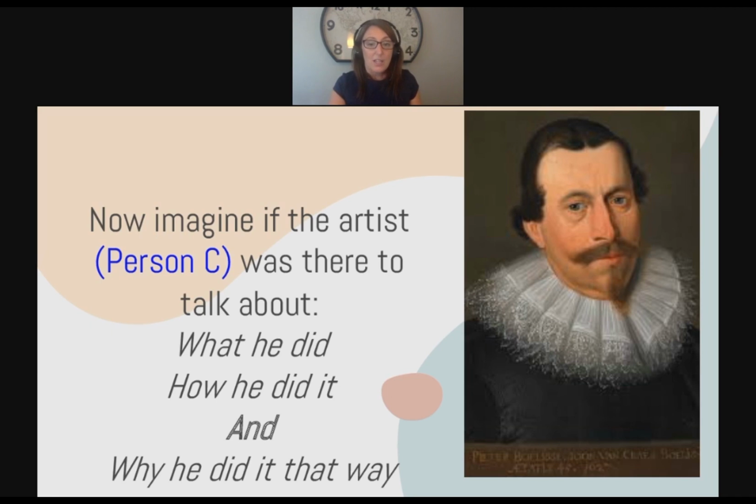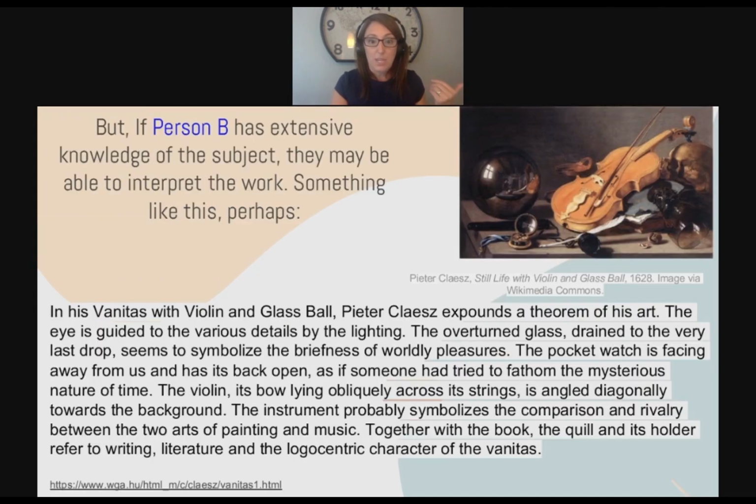This person may be able to engage in a dialogue with person B and extend his own thinking through the conversation, because person B may ask questions that provoke the thinking of person C, of the artist, right?